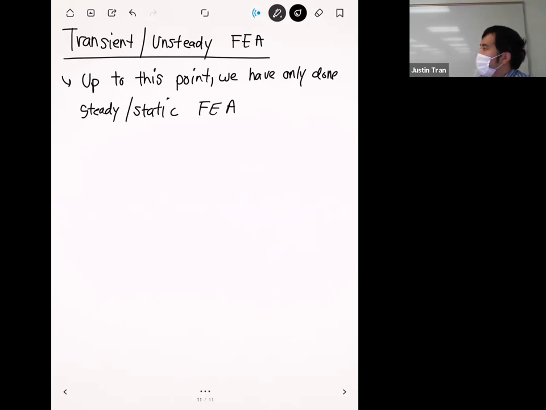So what's the opposite of a static situation? The opposite of a static situation is a dynamic one that changes with time.